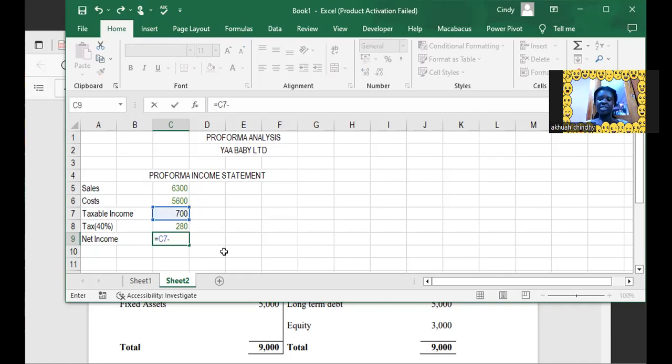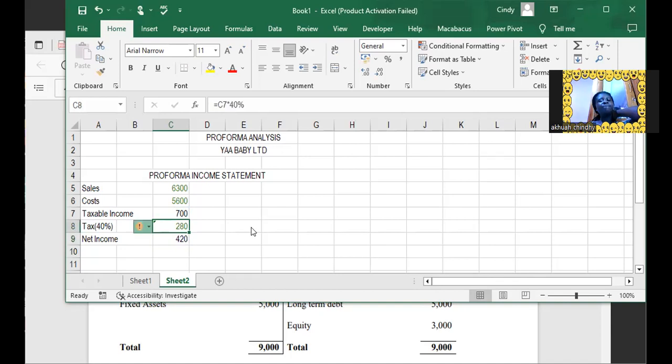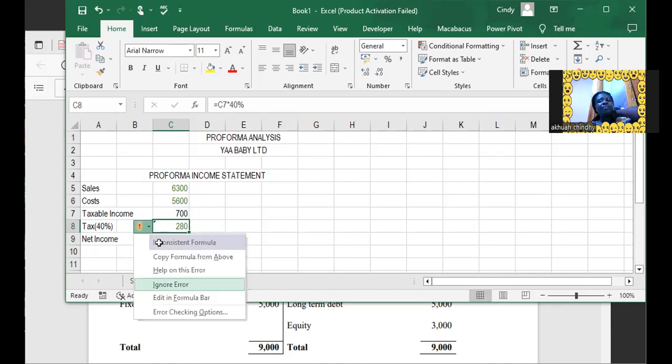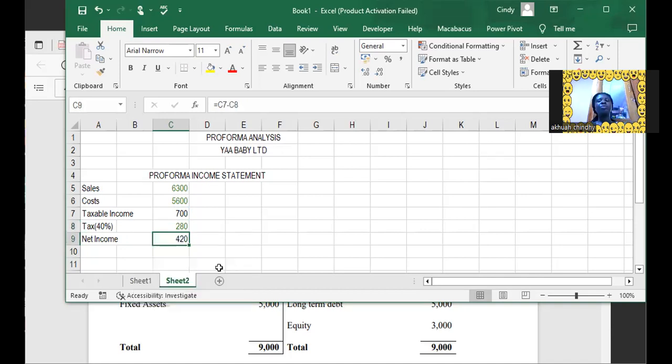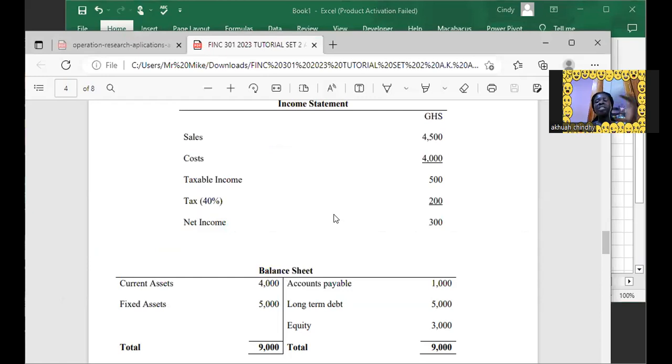So 420. So our new net income will be 420. That's in the future. So now it is 300, but in the future, if we project sales to grow by 40%, then our new net income will be 420.